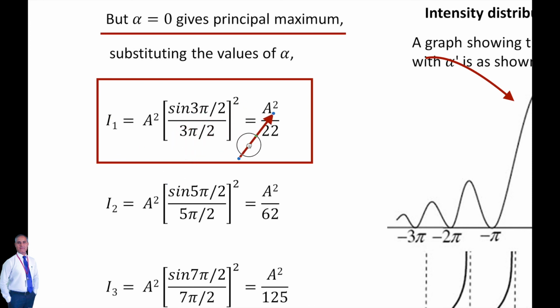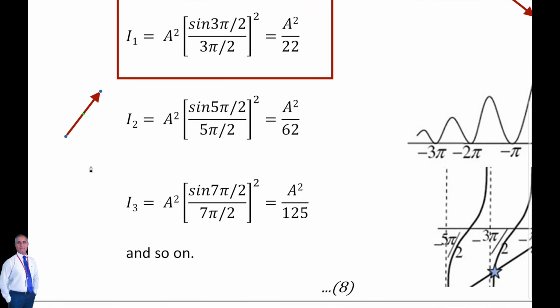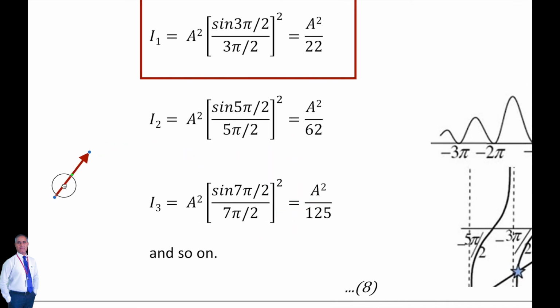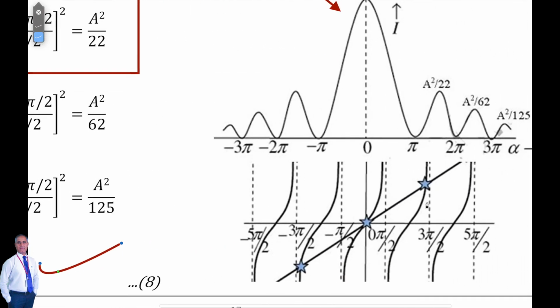After calculating we get I1 is equal to A square divided by 22. Similarly, for I2 we get A square by 62, and I3 is A square by 125, and so on. So as the number goes on increasing, we get less intensity values.